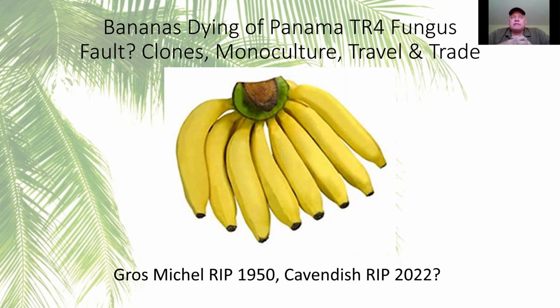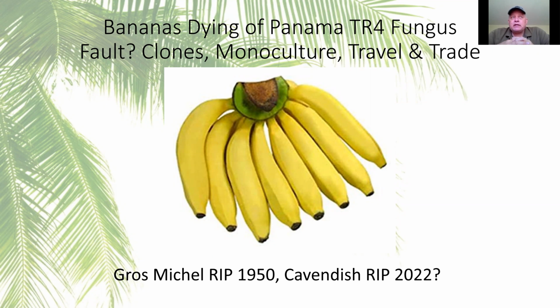Some examples of diseases: there's a current pandemic of a fungus-borne disease. Fungus is the vector. This fungus is wiping out bananas and could very well wipe out all the bananas in the world. Back in 1950, this happened before.